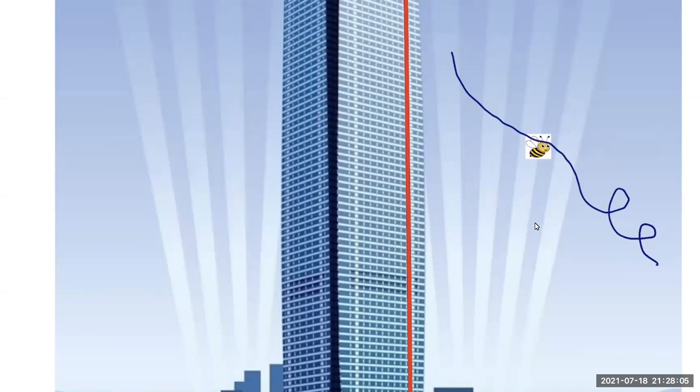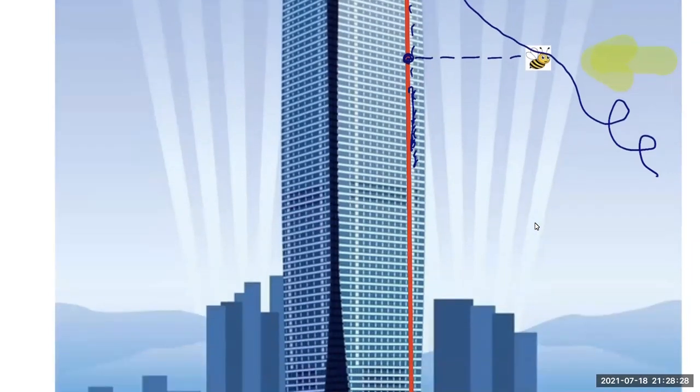I draw a z-axis on the skyscraper. So I cast a shadow this way. So it's going to drop a shadow of the bee on the skyscraper right here on the z-axis. And so as the thing flies like this, the shadow on the z-axis does this. It can go up and down, back and forth. But that's the information about how high it is, right? With whether it moves up or moves down.